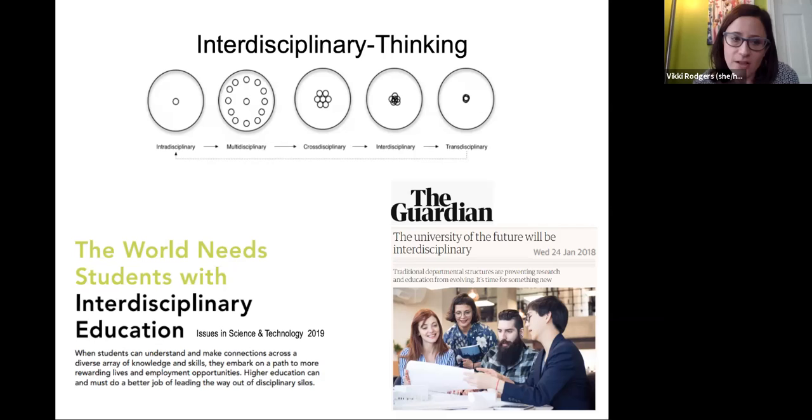And there's been lots of calls for this out there in the world of education, especially in higher ed. You can see some of the news clippings here really calling for more of this in higher education.